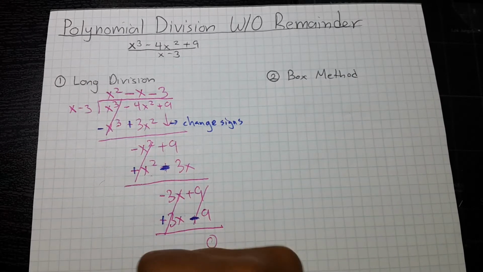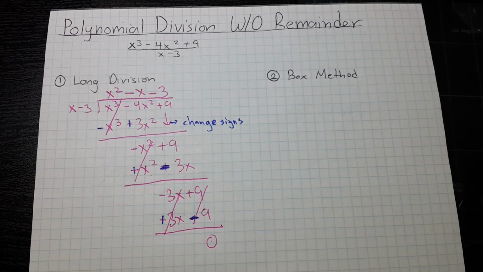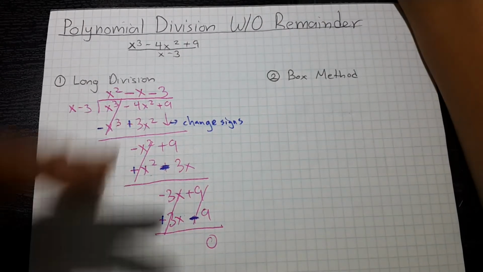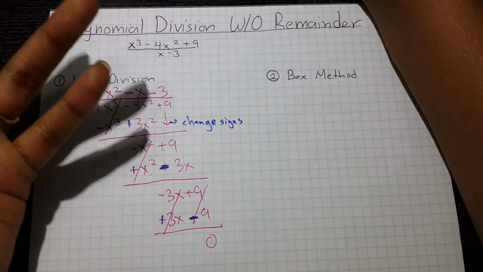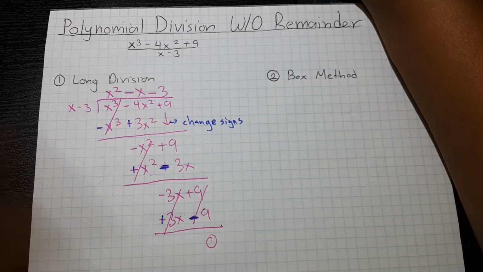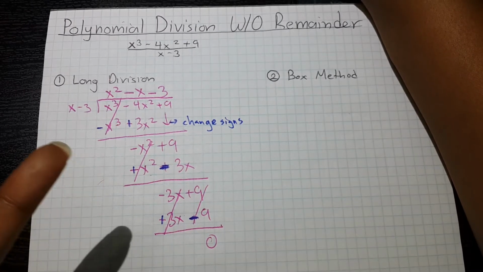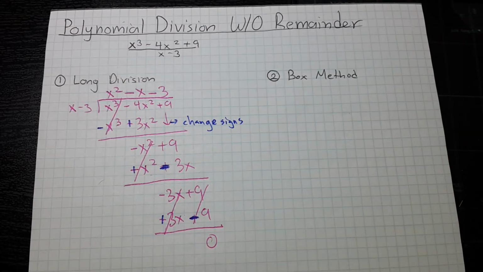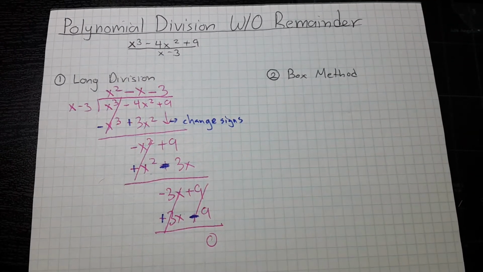There are always going to be questions asking you to verify if a certain expression is a factor of another. That only happens when you do a polynomial division and you get a remainder of 0. If you get a remainder of anything that's non-zero, that means that the expression wasn't a factor at all. And that's pretty much it. So let's move on to the box method.